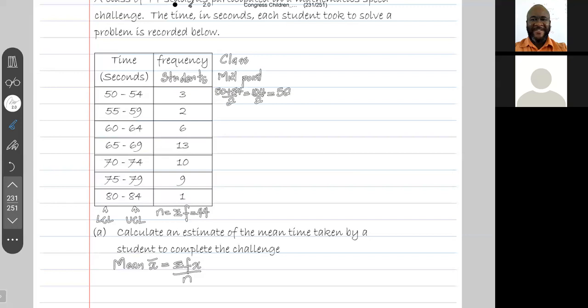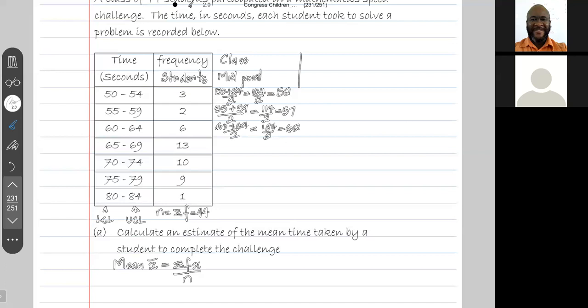Next, we have 55 plus 59 over 2. This is 114 over 2. This is 57. The third one, 60 plus 64 over 2. This is 124 over 2. This is 62.